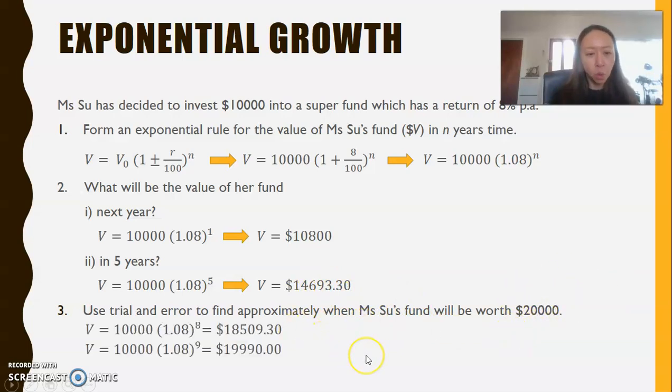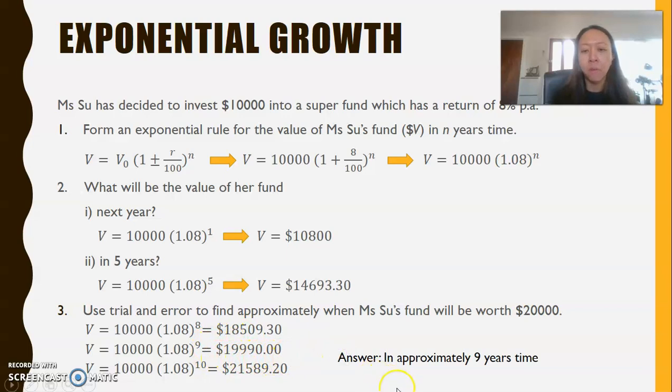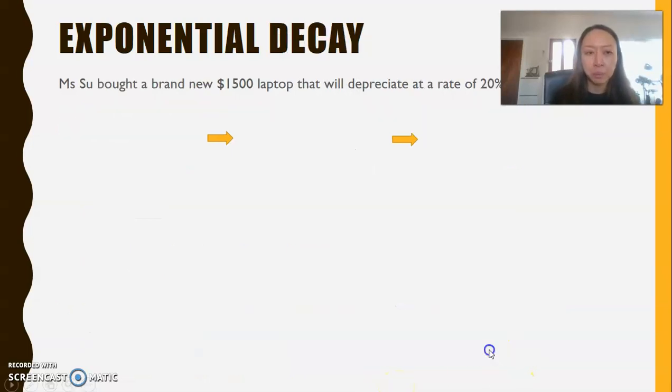So I substituted values incrementally until I got values nearer to 20,000, and then compared. You can see that when n is 9 and when n is 10, they are approximately near 20,000, and when n is 9, it is closest to 20,000, and therefore it will be in approximately 9 years' time.